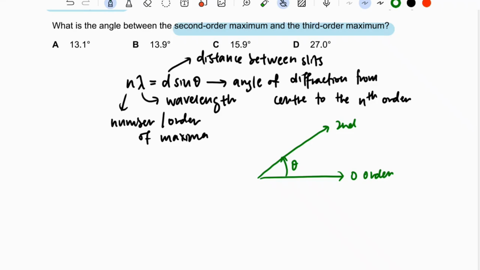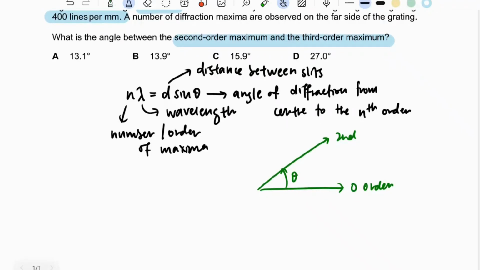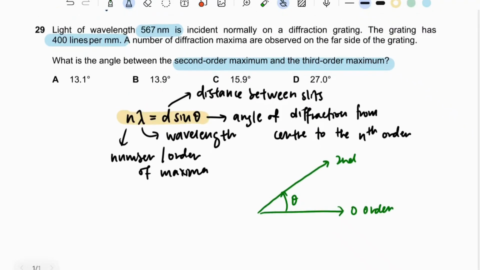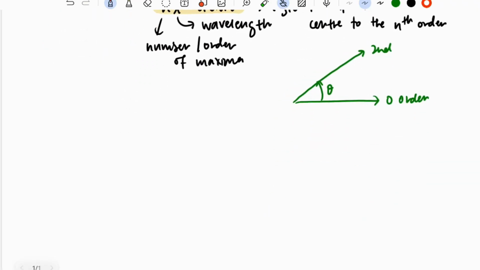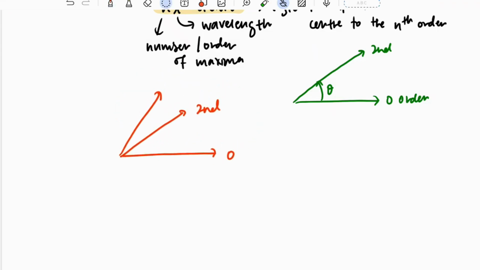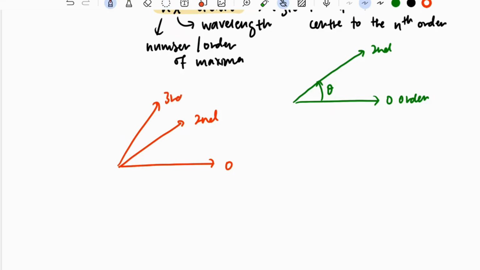Now, we know how the formula works precisely. Let's start solving the question. Now they want us to find the angle between the second order maximum and the third order. So that means this is 0 order, this is second order, this is third order.